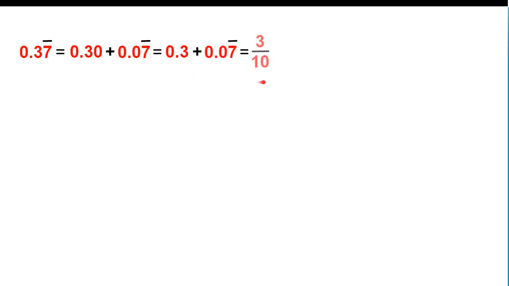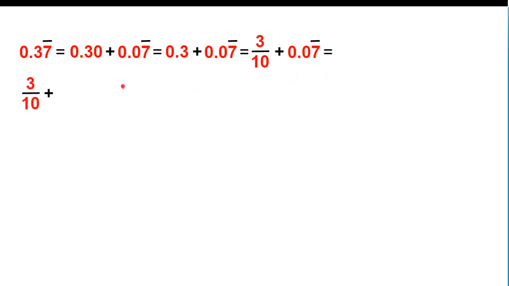0.37, and only the 7 is recurring. So we write 0.30 plus 0.07, only the 7 is recurring, and 0.30 is 0.3, it's the same, and 0.3 is 3 over 10, and the 0.07 recurring remains the same.